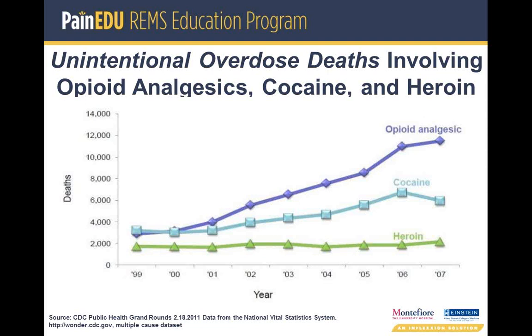Sina and I were actually talking about this before the webinar began. Just this past Monday, I received an email from the White House Office of National Drug Control Policy about new data that had just been released from the CDC. There's always a lag in the data, so this is 2013 mortality data.